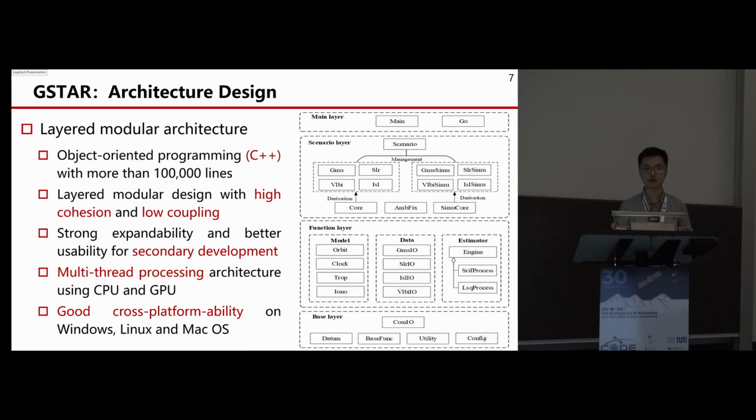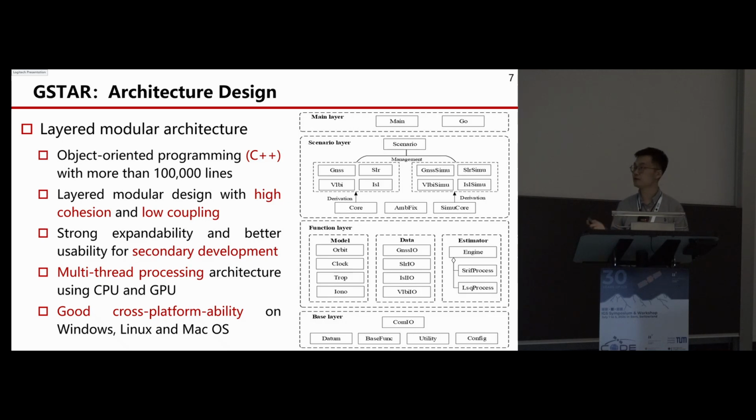To meet the above challenges, we developed the GSTAR software, so let me briefly introduce it. A layered modular architecture is adopted in the GSTAR software. All modules are implemented using object-oriented programming with the rule of high cohesion and low coupling. At present, there are more than 100,000 lines of C++ code.